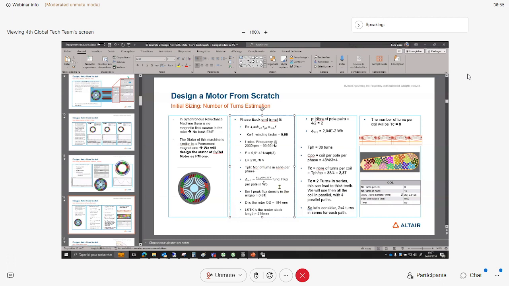Okay, then I can compute like this the magnetic flux over one pole of the machine. Then I know the magnetic flux, I know the frequency, I know the winding factor, I know the back EMF. Then it's easy to compute the number of turns in series per phase, which will be 38 turns.